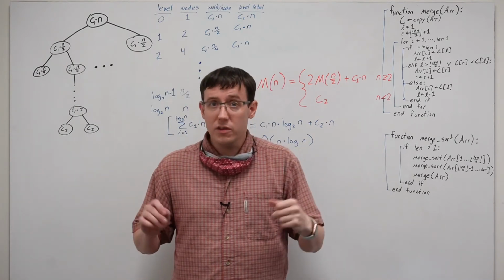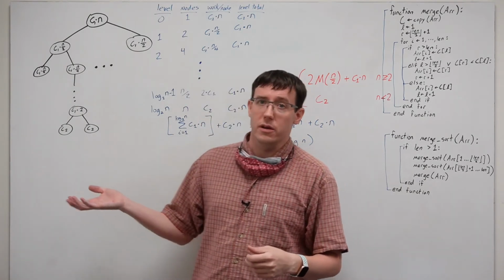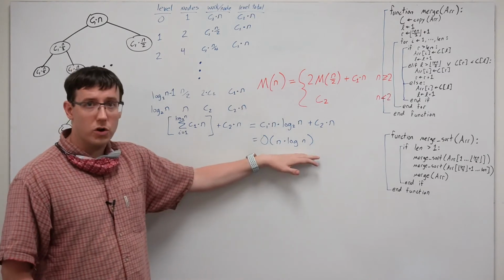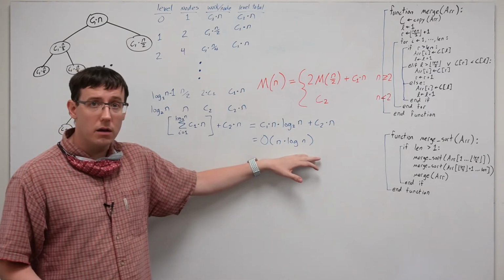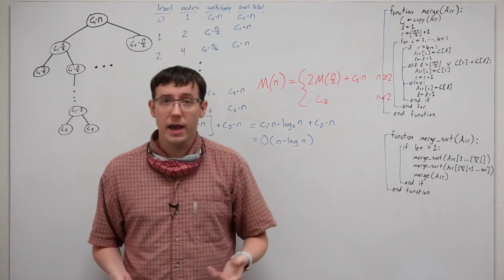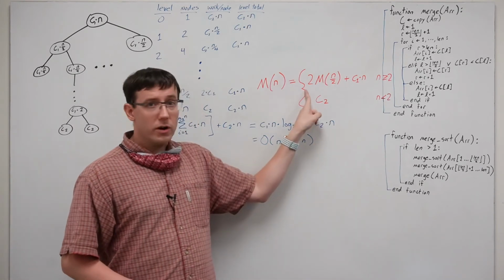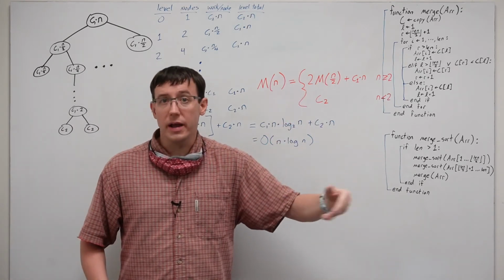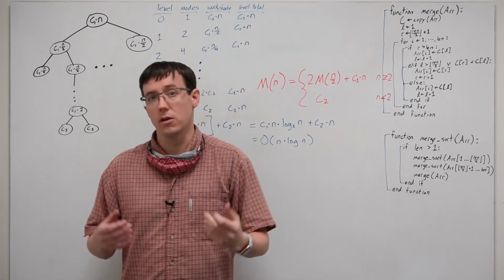And in this case, since we just used the tree method to find that the recurrence is big O of n log n, we can start with the guess that this recurrence is upper bounded by some constant times n log n.